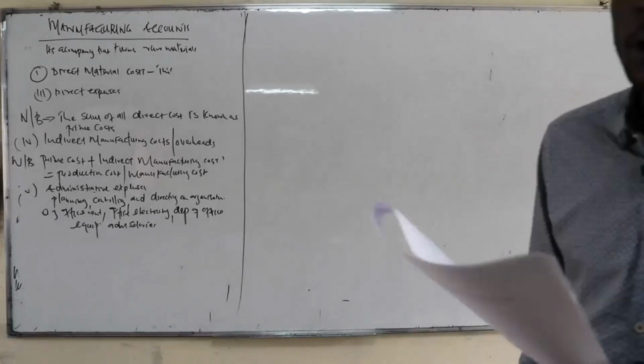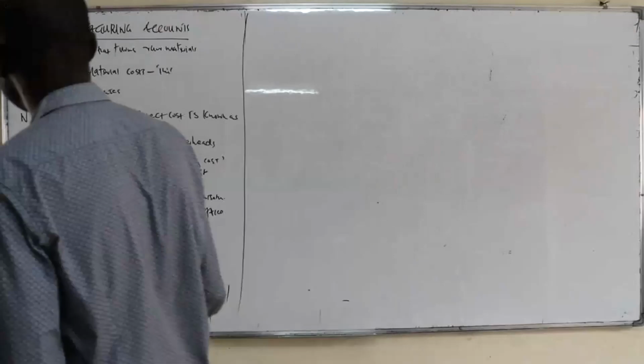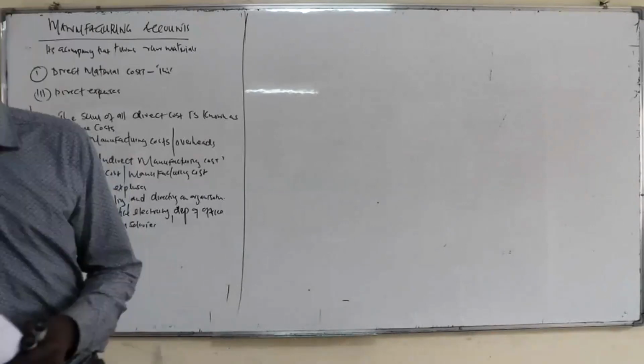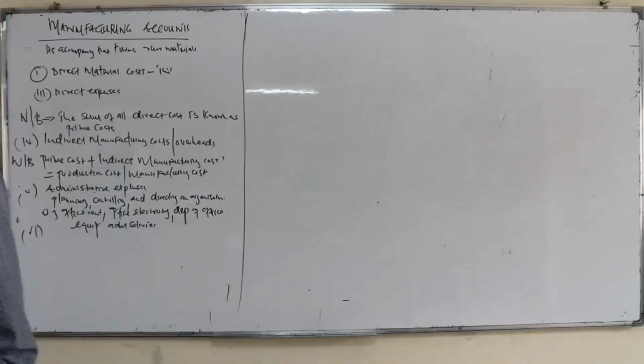And then we have number 6, selling and distribution expenses.